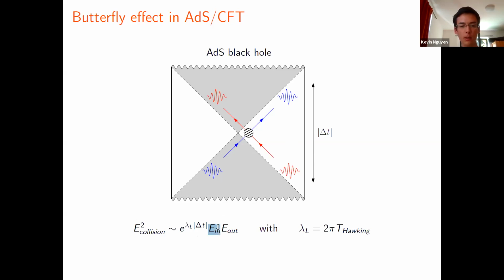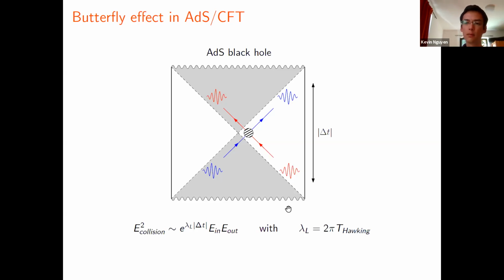So here E in is the conserved energy of the ingoing particle. E out is the conserved energy of the outgoing particle. And this factor is nothing more than a blue shift factor associated to the acceleration of these particles in the black hole background. The bigger the time separation on the boundary, the more time those particles have to accelerate in the gravitational field before interacting with each other.